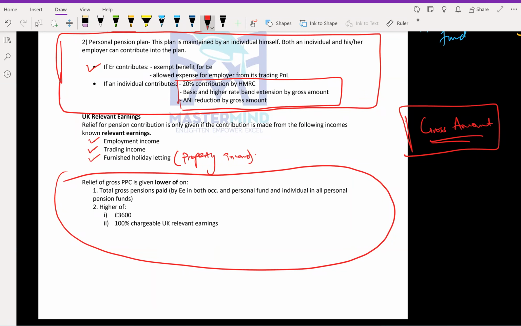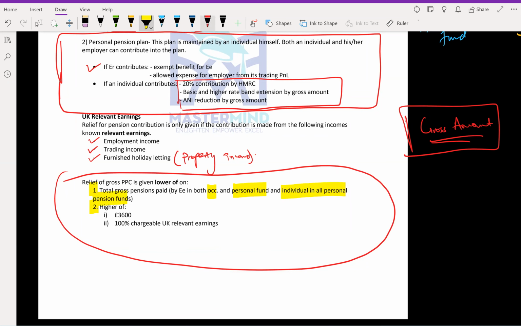Okay. Now let's try to understand the formula. It says relief of gross PPC. Like I said, it will act as a gross amount. Is given lower of 1 and 2. Okay. So 1 is what? Total pensions paid by employer in both occupational and personal pension fund, and individual in all personal pension funds, right?